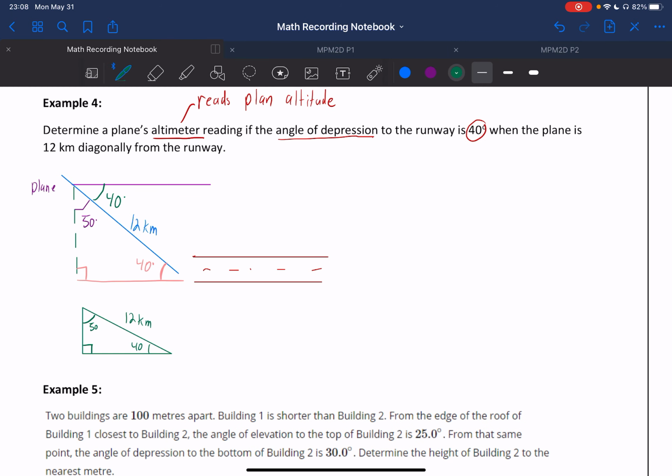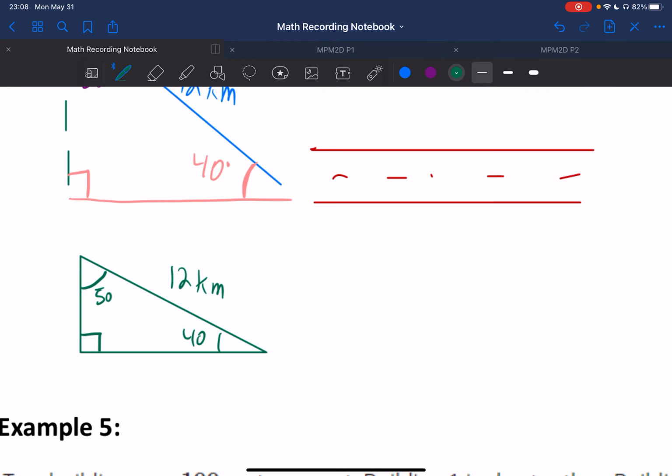What it's asking for is the altimeter reading. The altimeter reading tells us how far the plane's off the ground. So here's the ground and here's the plane. So what we want is this height right here. Depending on which angle we're choosing, we're going to choose, for argument's sake, this one right here, the 40 degrees.